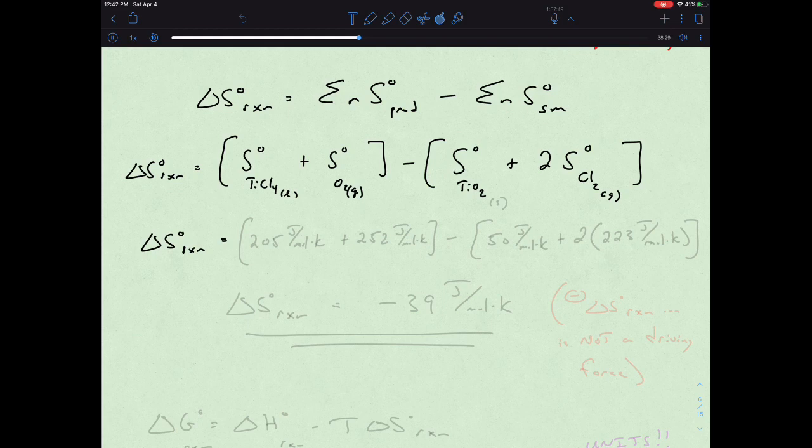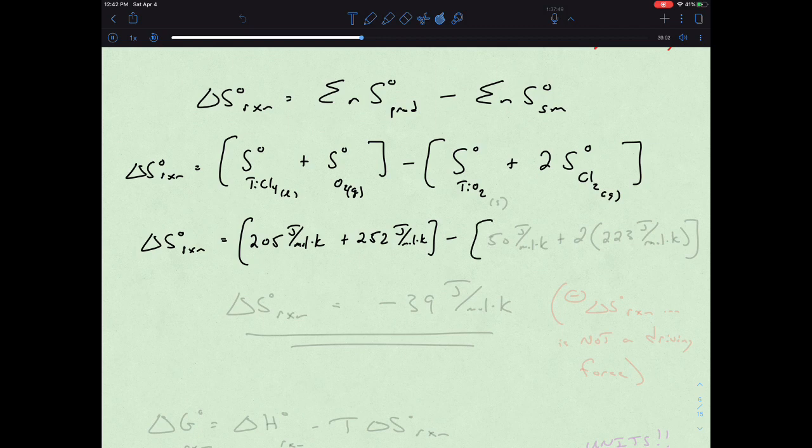If we look at the entropy of our titanium tetrachloride, we have 205 joules per mole Kelvin, plus the entropy of our oxygen gas, which is 252. So there are our products.